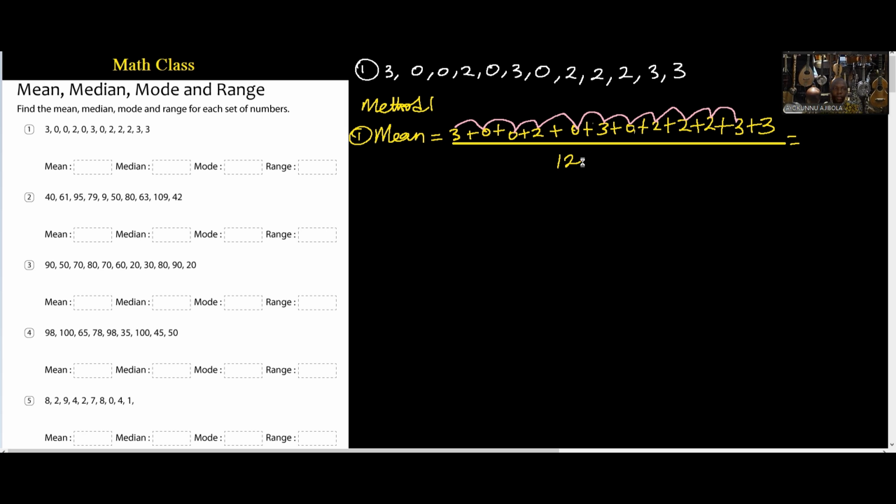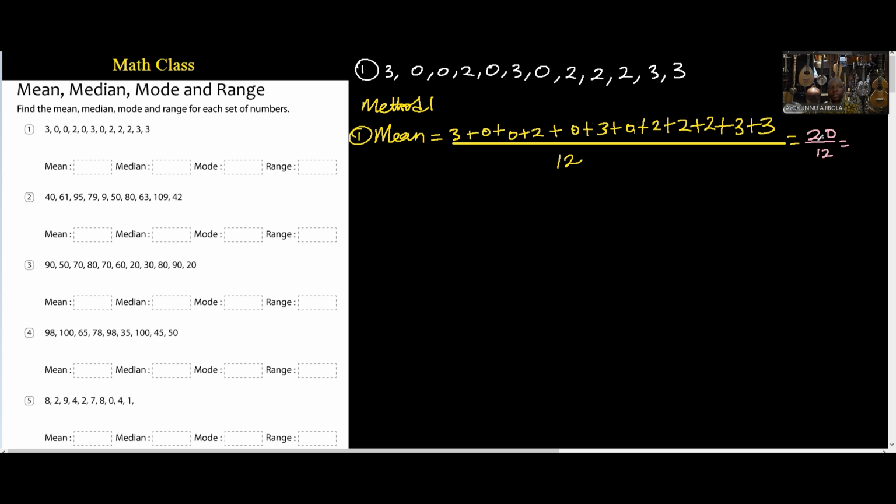So let's try to confirm that again. 3 plus 2, because these are nothing, we can't add anything, that's 5. 5 plus 3, that's 8. Then 8 plus 2, that's 10. Plus another 2, that's 12. Plus 2, that's 14. Plus 3, that's 17. And plus 3, that's 20. So I have 20 over 12.